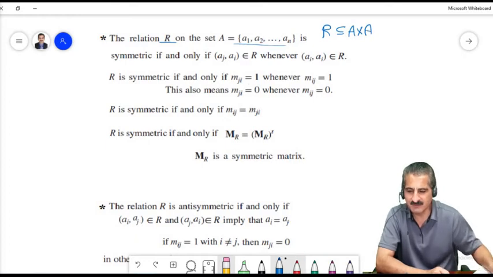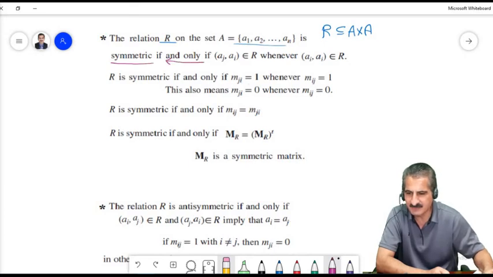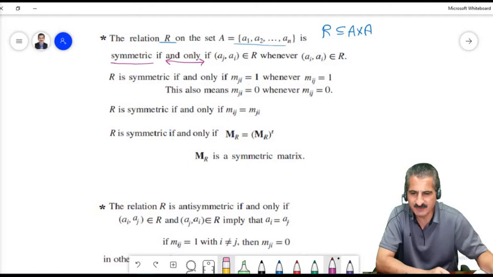Now, the relation will be symmetric if and only if, this is important, if (a_i, a_j) belongs to R, then (a_j, a_i) must also belong to R. So I need to fix that.